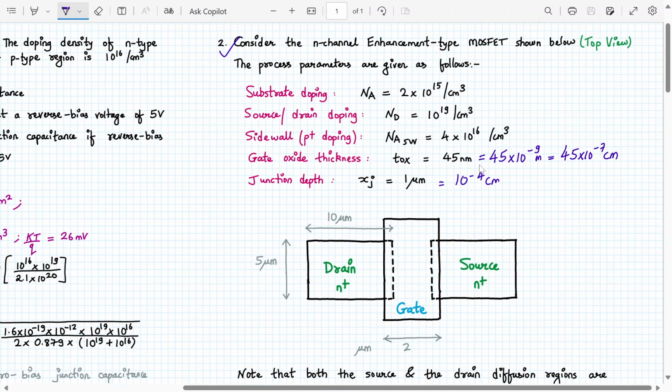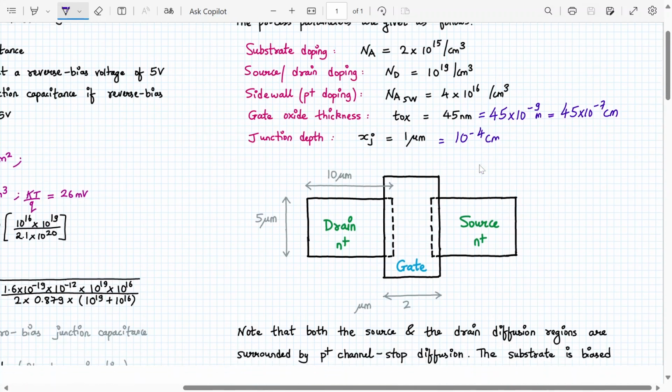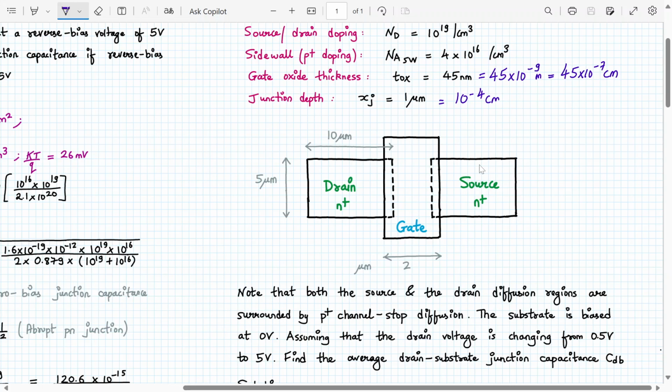Correct? And we have this drain region and source region, N plus diffusion layers. This is channel width, W. Can you tell me how much is this? 2 micrometer. Okay. This is 10 micrometer.